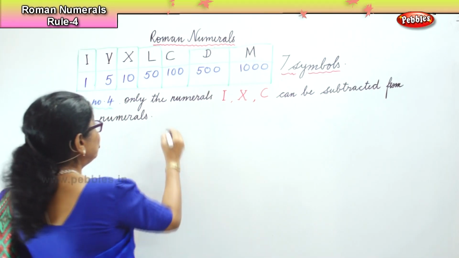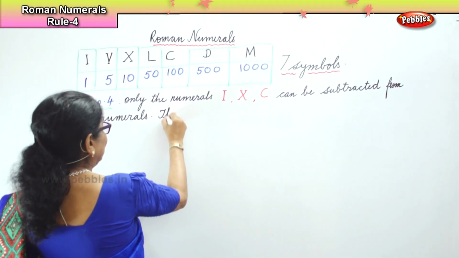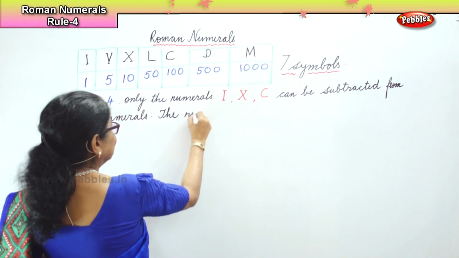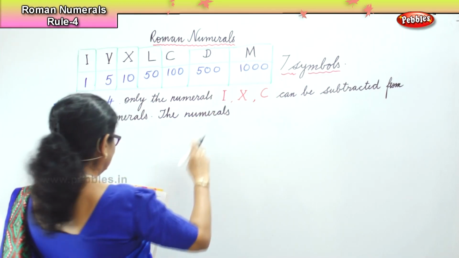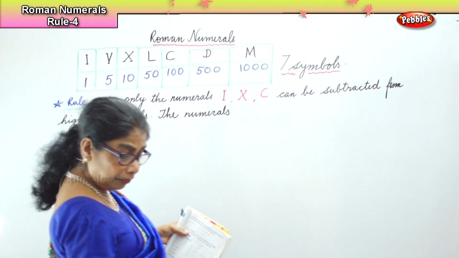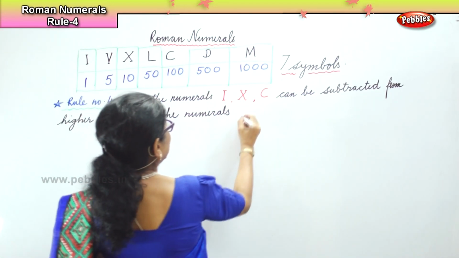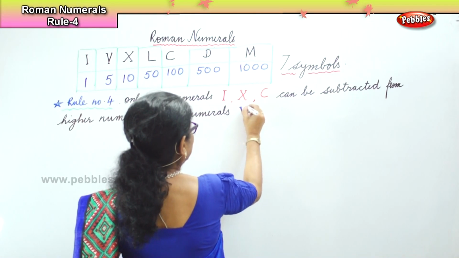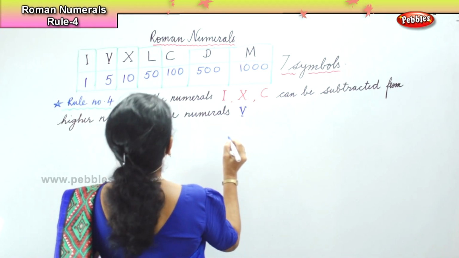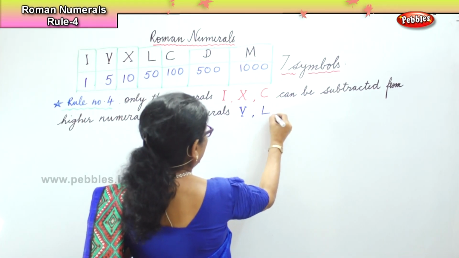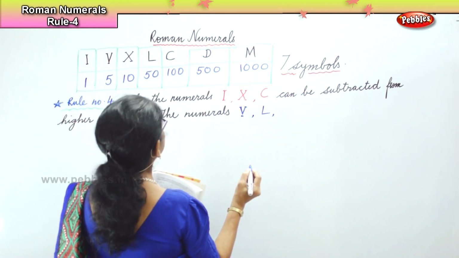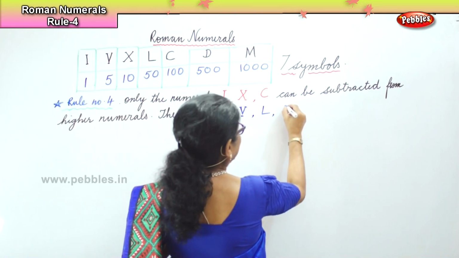Next, the second group is the numerals 5, 50 and D, that is 500.